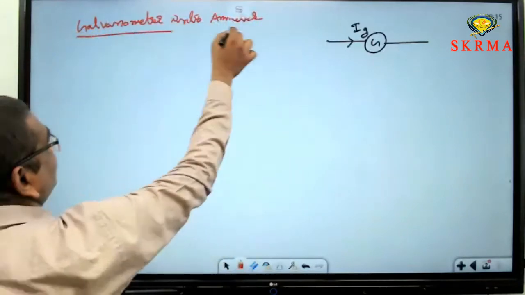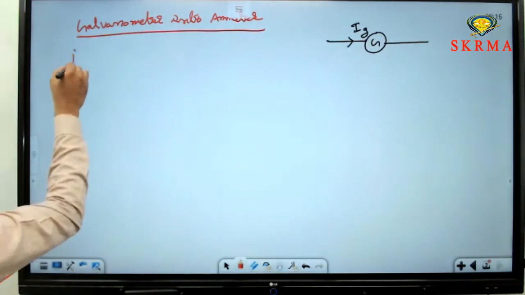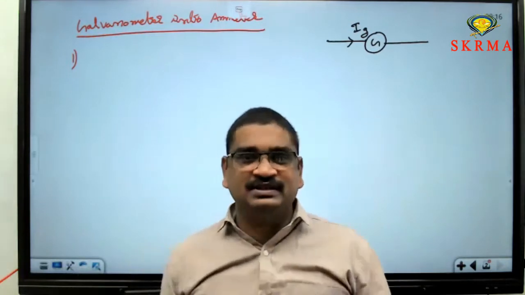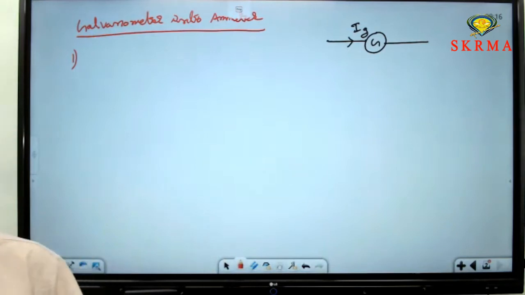For this, what is the first step? Here we need to connect one resistance to this galvanometer to convert it into an ammeter.